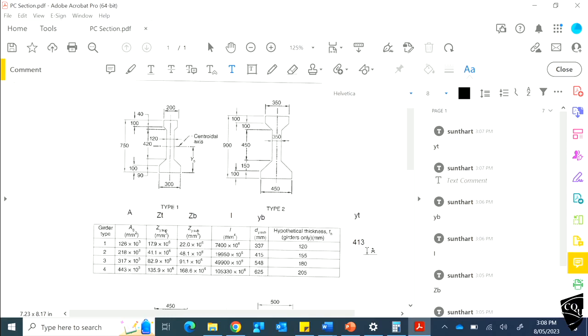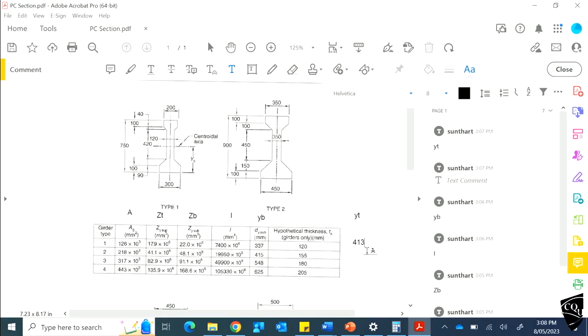Even in this question, if you want to use I section, you should be able to work out. Normally in bridges we use I section, not the rectangular section, because I sections are more economical in terms of self-weight and others. So that's about the selection of the section.